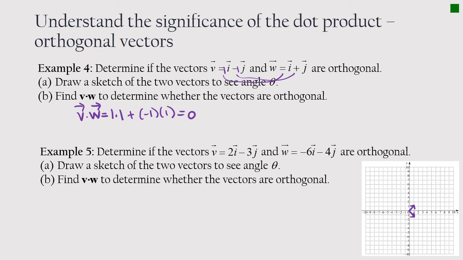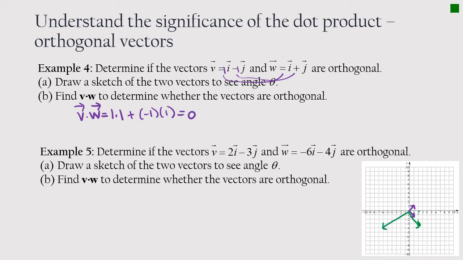Determine if the vectors 2i minus 3j and negative 6i minus 4j are orthogonal. Draw a sketch of the two vectors to see their angles, and then find the dot product of v and w. I'm going to draw them in green. v is over 2, down 3. There's v. w is 6 in the negative direction, 1, 2, 3, 4, 5, 6, and then down 4.